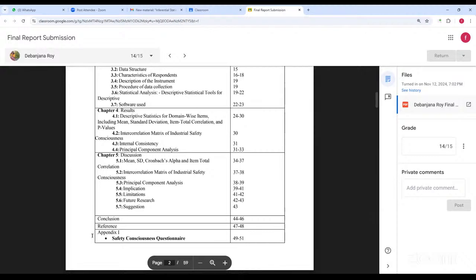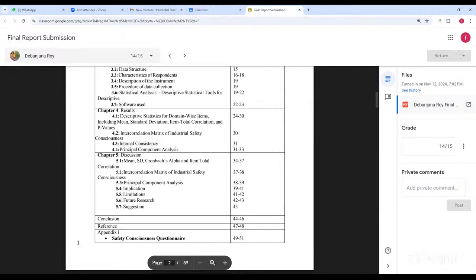Next will be the implication of your findings, limitations, future research and suggestion. Next will be conclusion, reference. After that, there will be appendix.